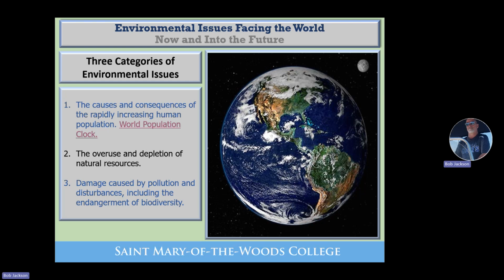The other issue is overuse and depletion of our actual natural resources. The gamut of those natural resources runs from our fossil fuels that we use for vehicles, but it also includes food, plants, wood, and like I said, iron, copper and aluminum.